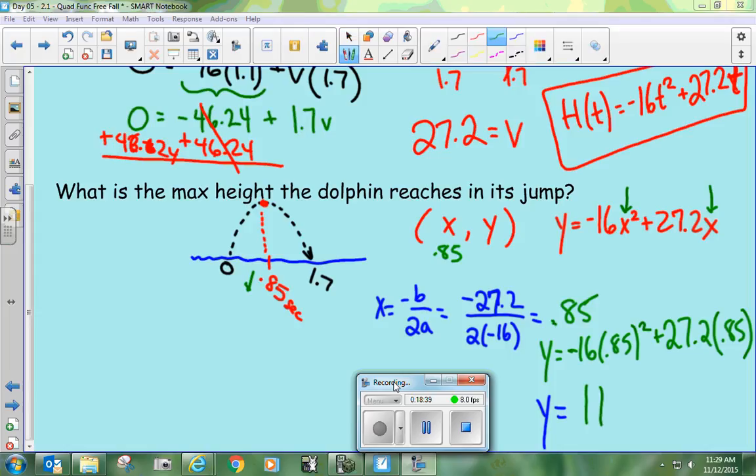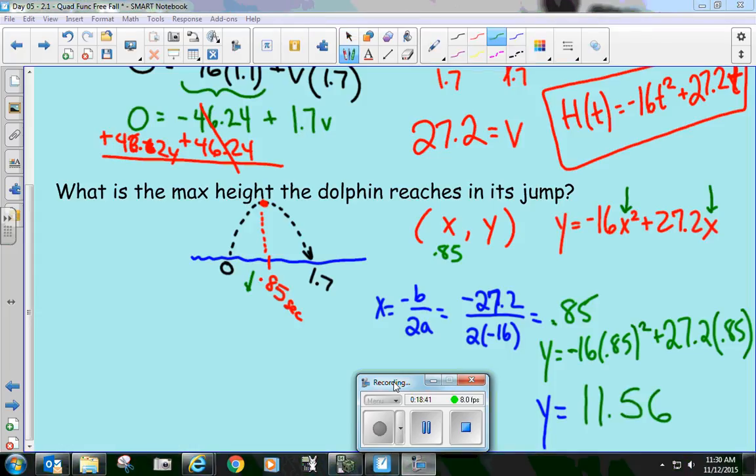Is that what you guys got as well? 11.56?